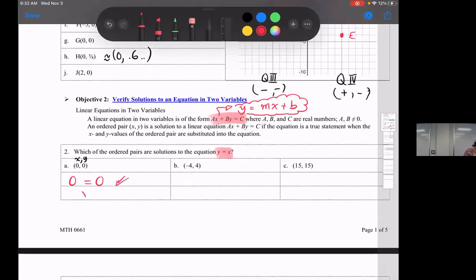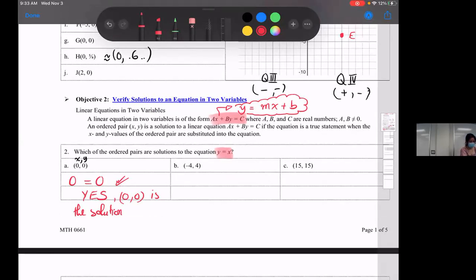Yes. So if it's equal, then yes, it's a solution. 0, 0 is a solution. All you do is test it to see if it's a solution or not.